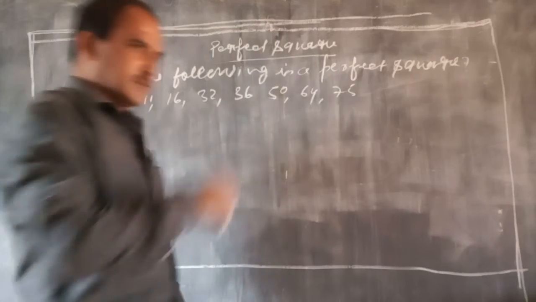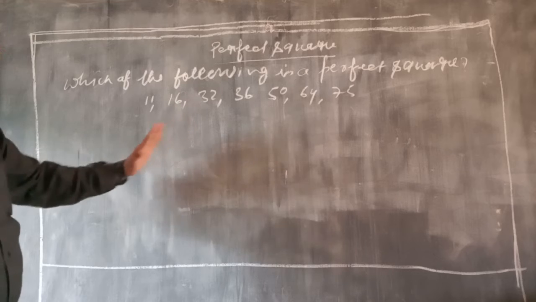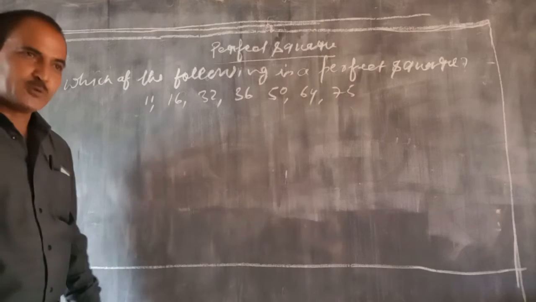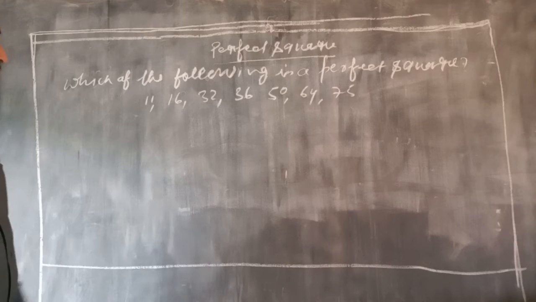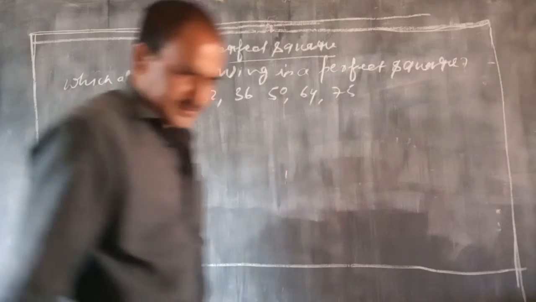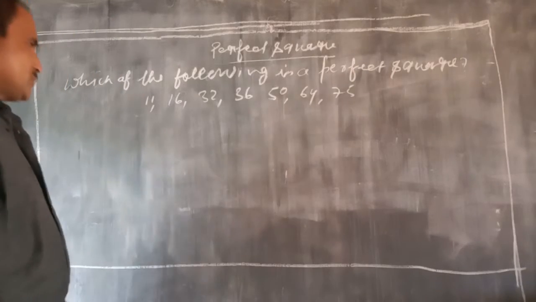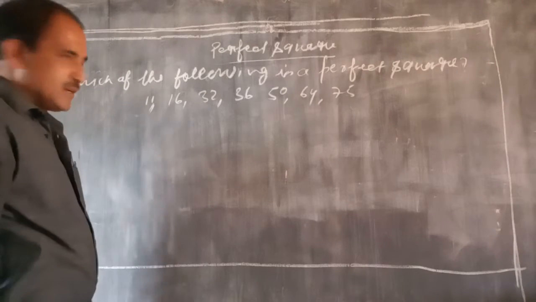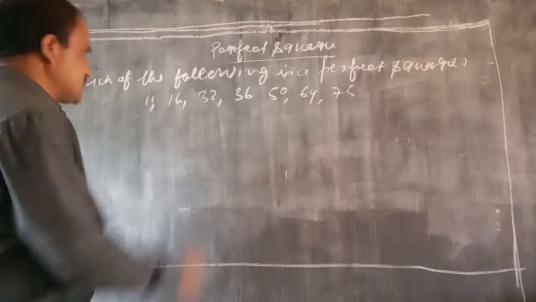Students, you have to remember that a number ending with 2, 3, 7 and 8 is never a perfect square. 11 is not a perfect square. 16 is a perfect square.